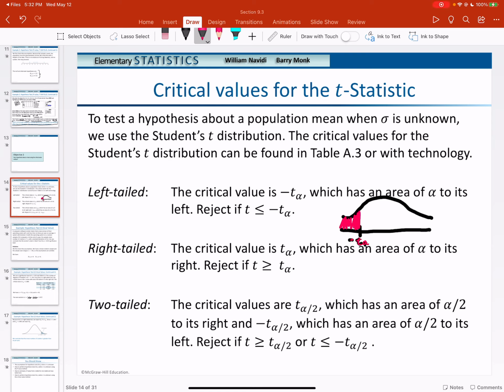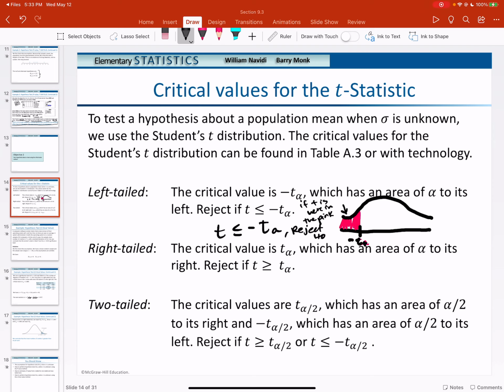Now that's the left tail test, and we would reject it if T was somewhere in the pink, right? So if T is here in the pink. Another way to think of it, probably more accurate, is if the T statistic is less than that negative T alpha, then we would reject H0.